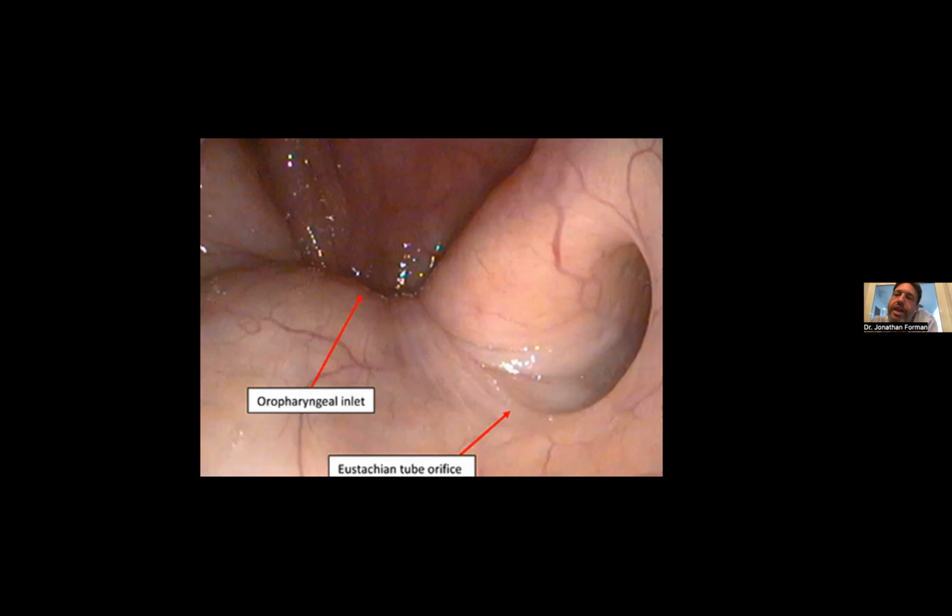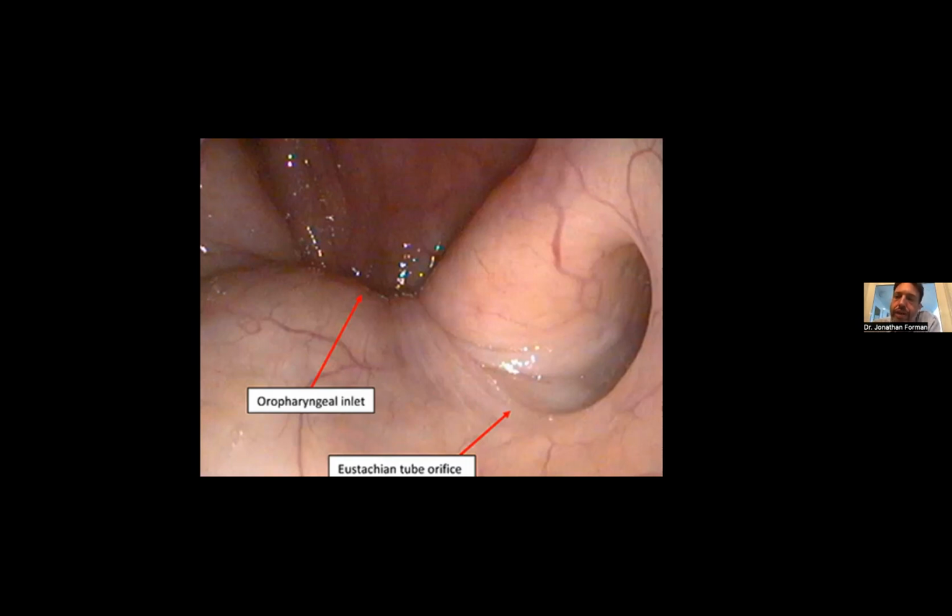So basically, any sort of fixed tumor or fixed adenoid can cause pressure on the eustachian tube orifice, or the opening, as well as any sort of inflammation that's going on in this region.